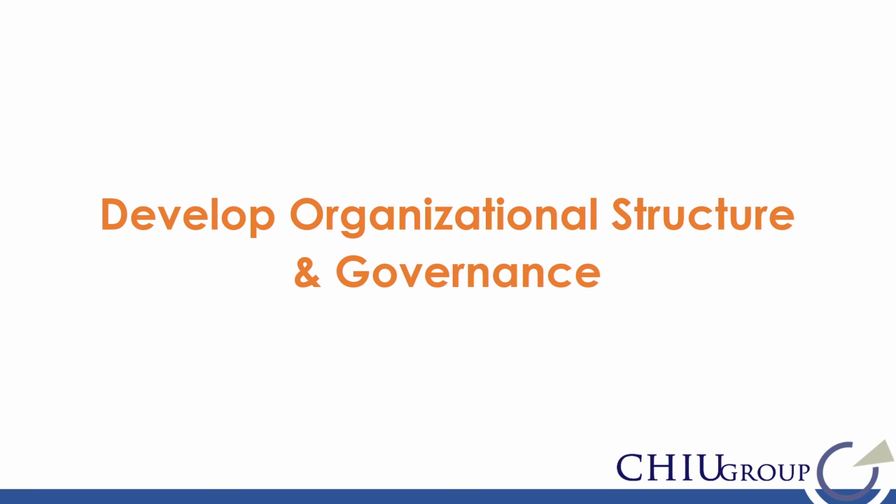Then you would develop your organizational structure and governance. This is actually quite important because many state laws require a certain minimum number of board members, so individuals who serve on the board of directors or a governing body of the organization, in order to incorporate the not-for-profit. So before you actually jump into incorporation, you have to make sure that there is a well-defined structure in place. So how are your programs going to be run?